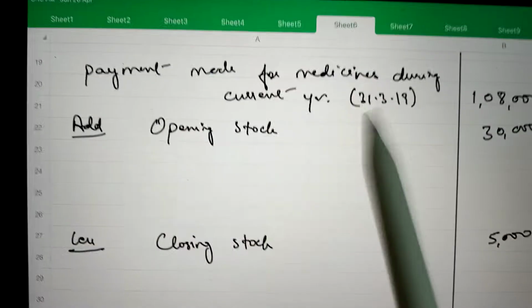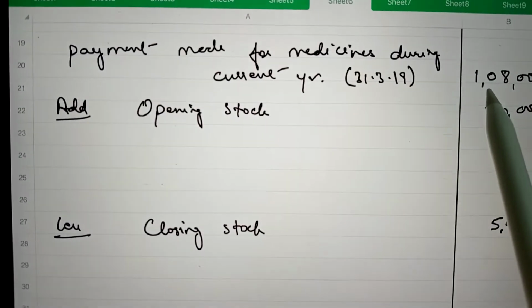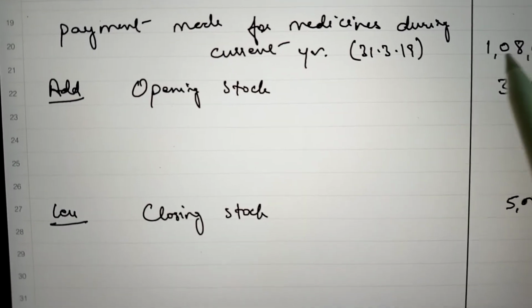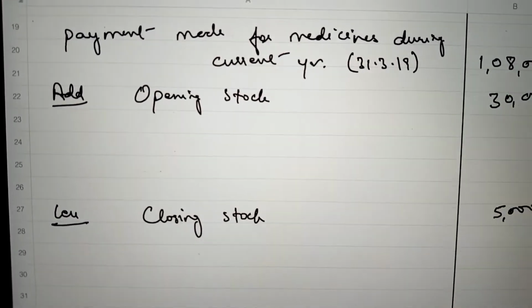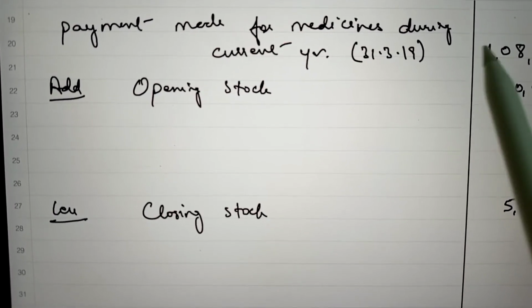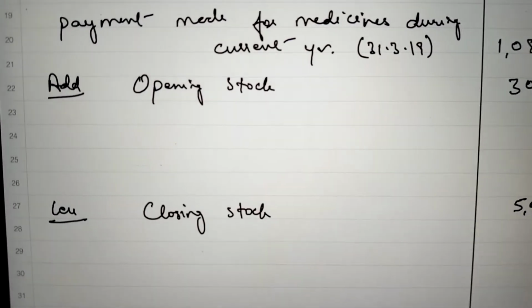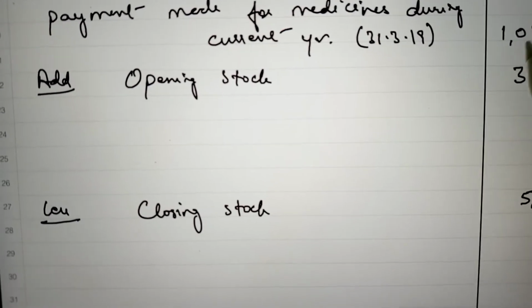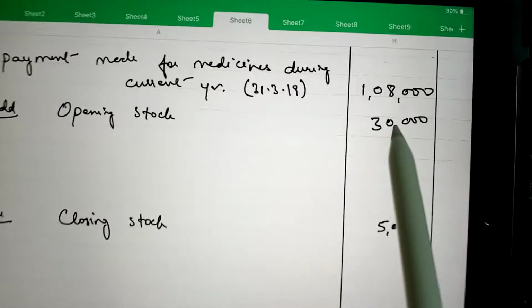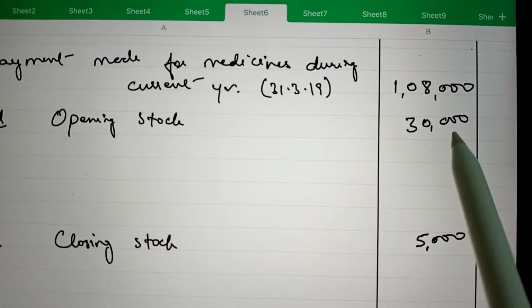Because the trust had made payment for medicines 1,08,000 during the year. It means this is the amount of purchases by the trust, 1,08,000, and it already had in stock rupees 30,000 of medicines.